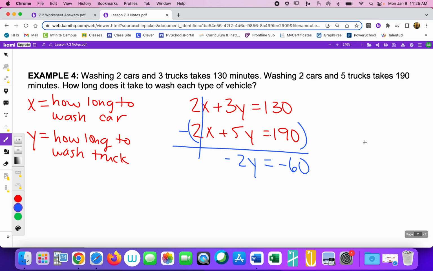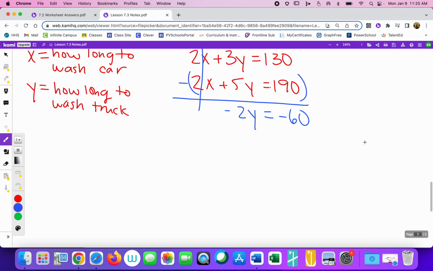Okay. Negative 2 gets divided from both sides to get what? 30. Now what does y equals 30 mean? 30 minutes per truck. Okay. So trucks take 30 minutes to wash.